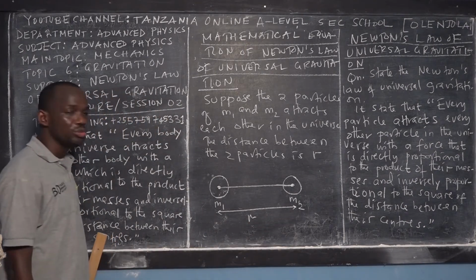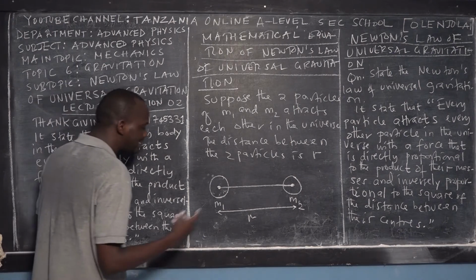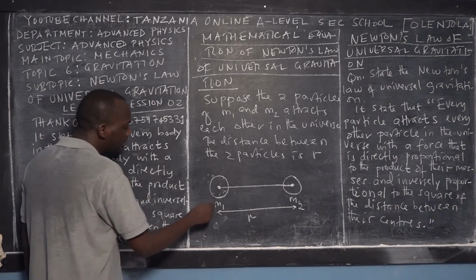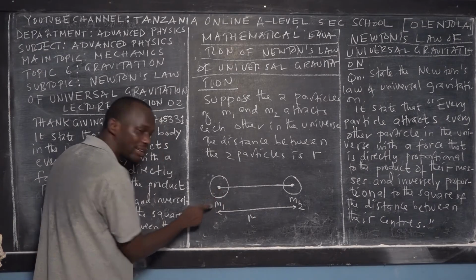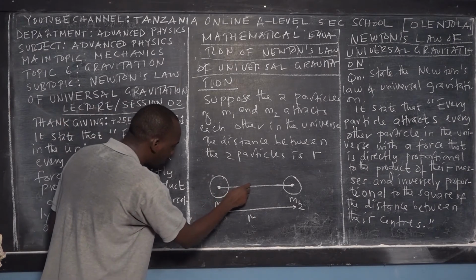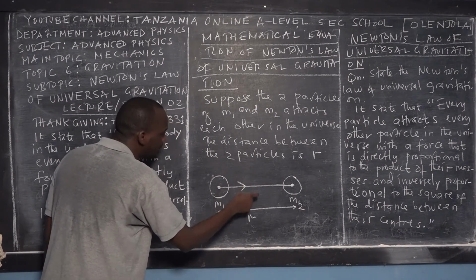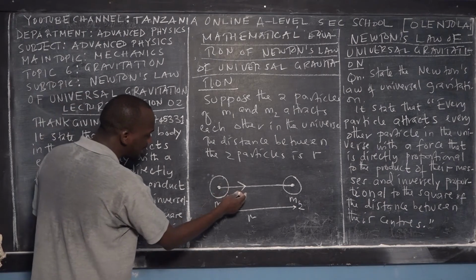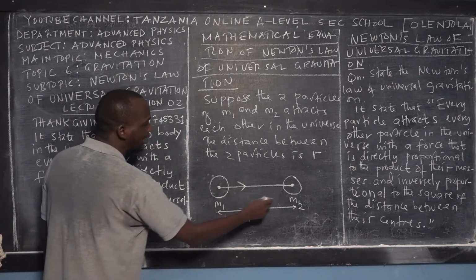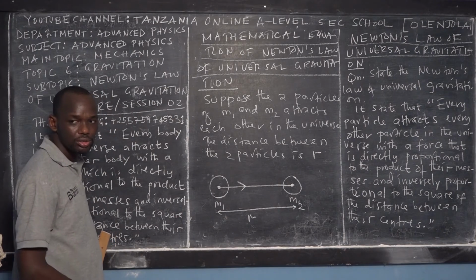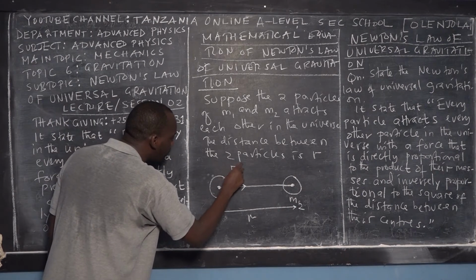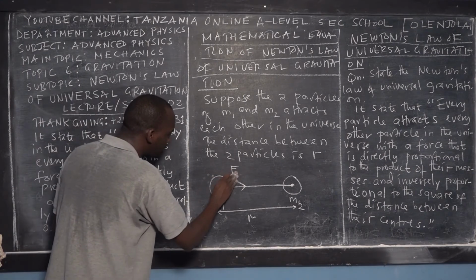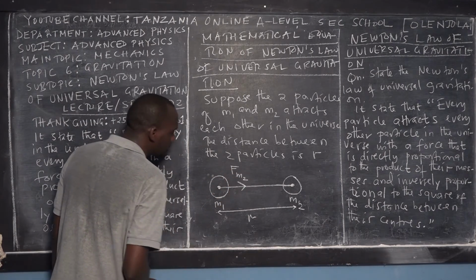According to Newton's experiments, what he found is that there is a force of attraction. These two particles attract each other. So listen, a particle of mass 1 is being attracted by a particle of mass 2. Listen carefully. This is the direction of the force. This is the direction of force 2, the force due to the second particle.